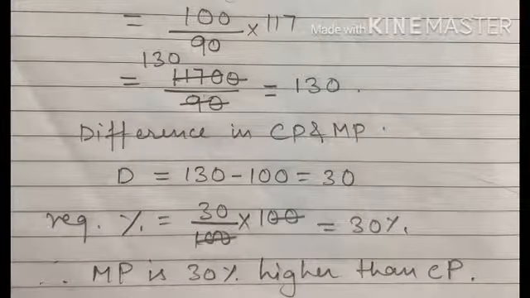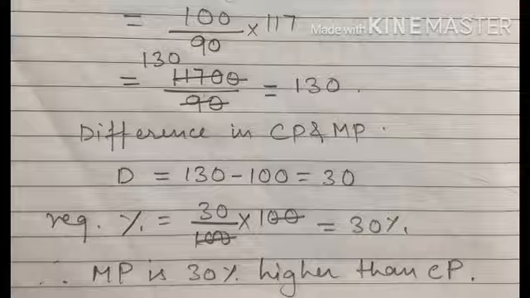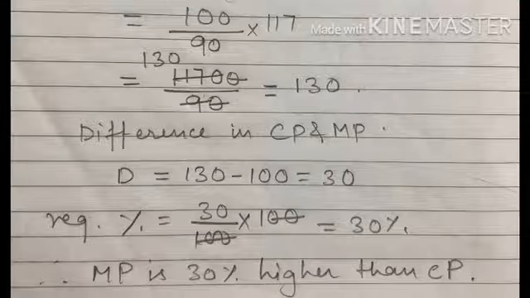So it will be 100 upon 90 multiplied by 117. So it is 11,700 upon 90. When you cancel this, we get 130. Means the mark price is equal to 130.